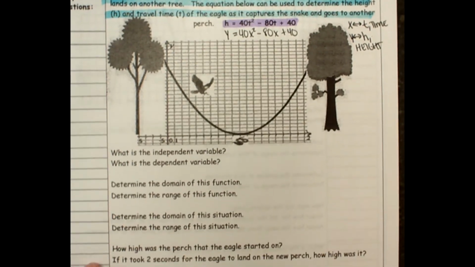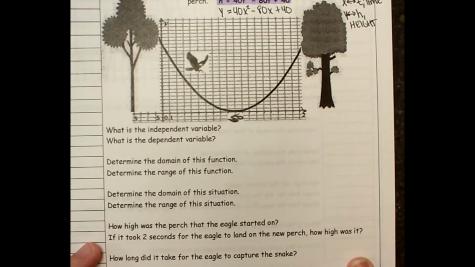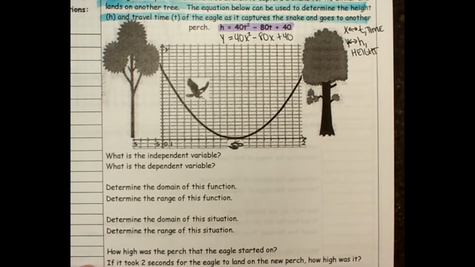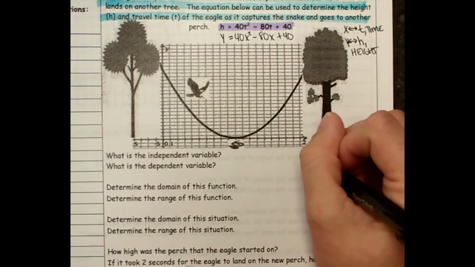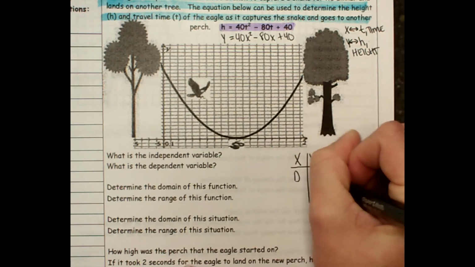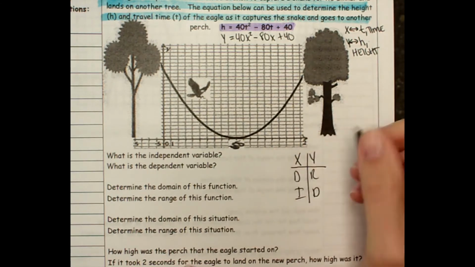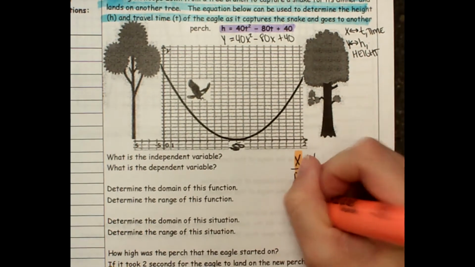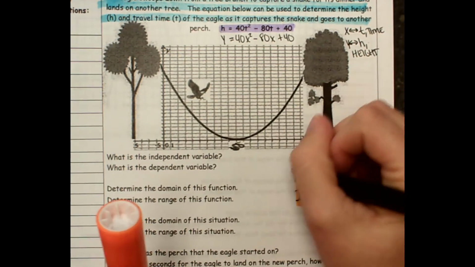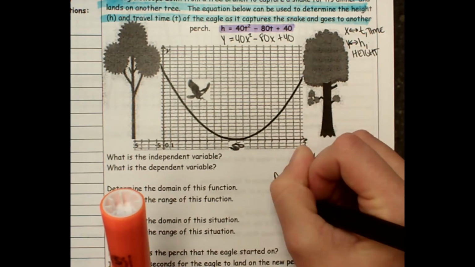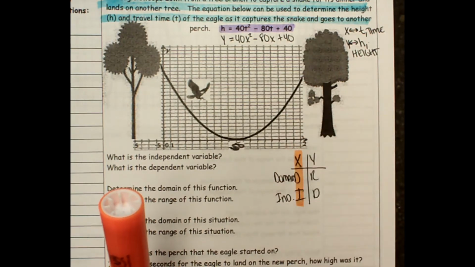So here's our picture. It says, what's your independent variable? What's your dependent variable? So if we go back to our original x, y, Dr. ID, remember that our x values are also known as domain and independent variable.